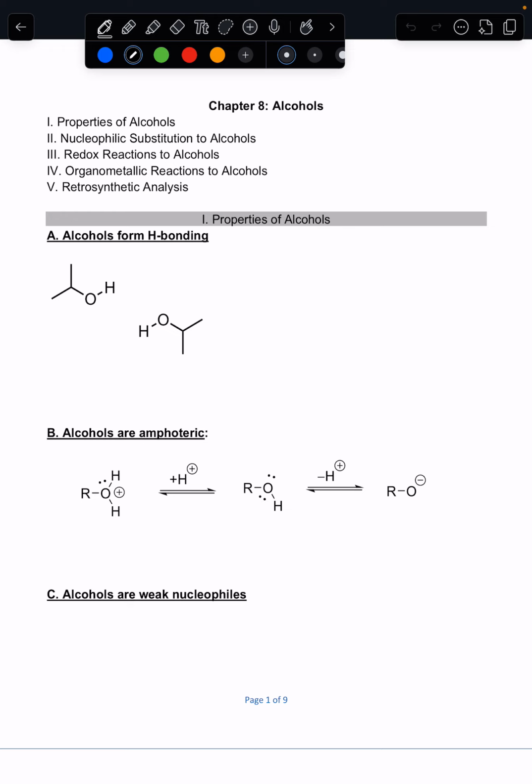In this video, we'll talk about the properties of alcohols real quickly, and then sections 2 through 4 cover how we prepare alcohol molecules.